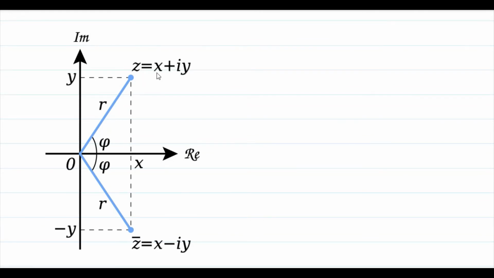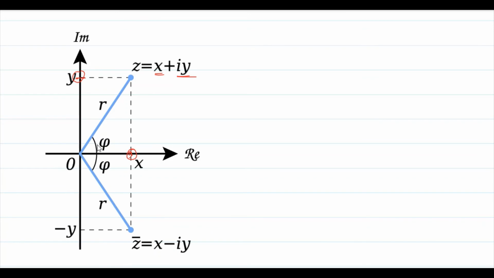Here you can see that z is a complex number which contains x as a real number and y as an imaginary number. This y is represented on the positive y-axis. If it's positive, we represent it on the positive imaginary axis, and x is a real value. So here we represent x, here we represent y.